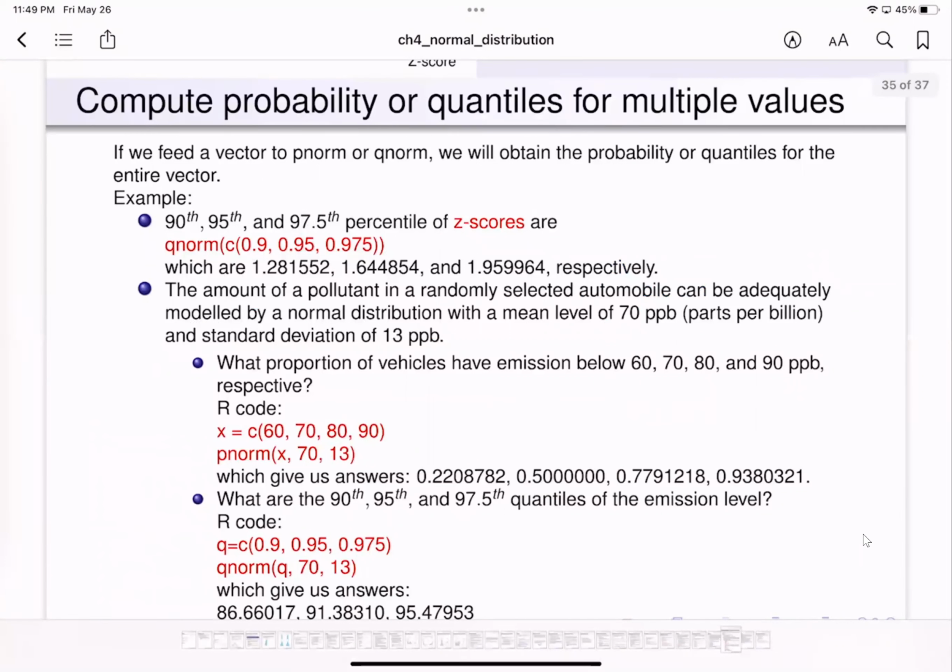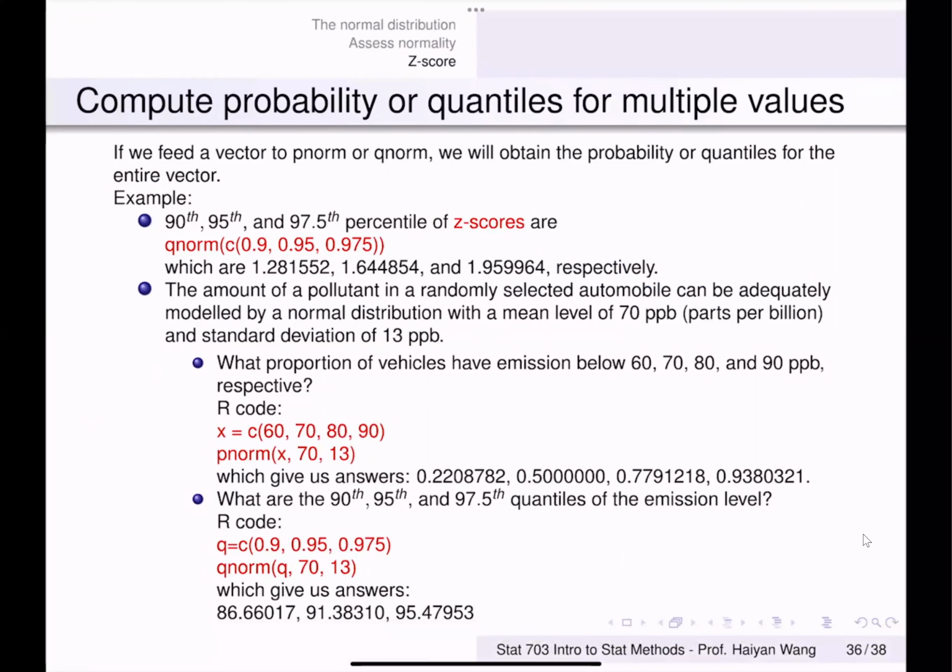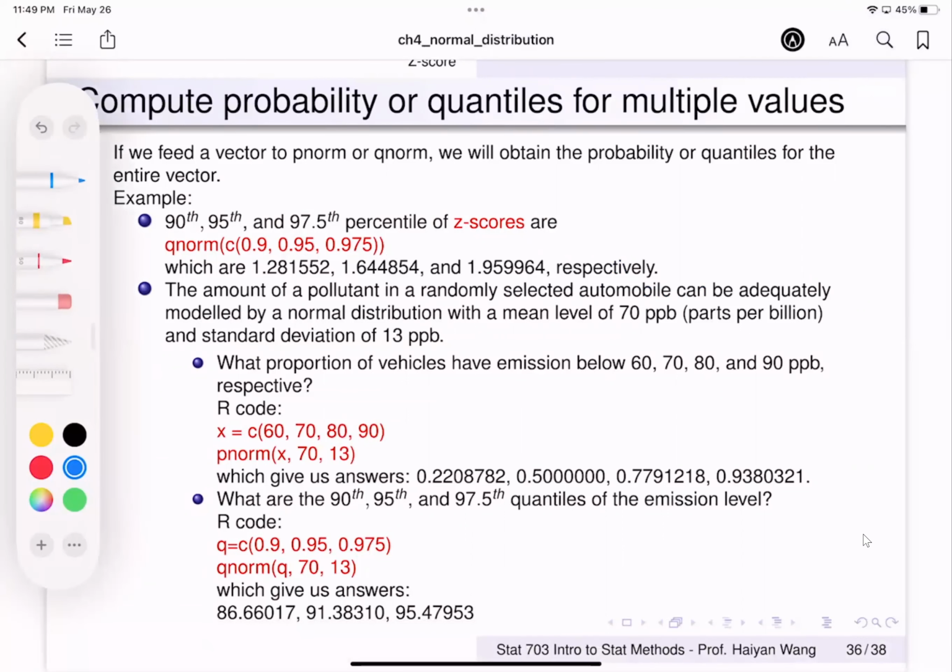For example, if we want the 90th, 95th, and 97.5th percentiles, we can directly use qnorm with these three proportions together. The three proportions need to be separated with commas inside of this c(). So this is a vector you provide to qnorm that will give us the computation for all three quantiles, percentiles.